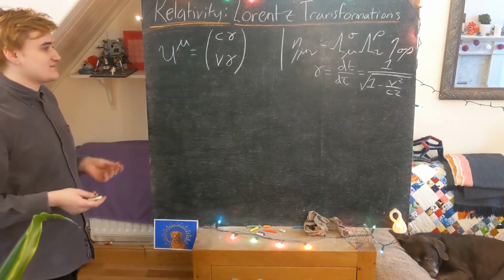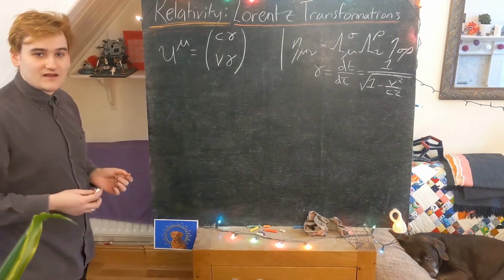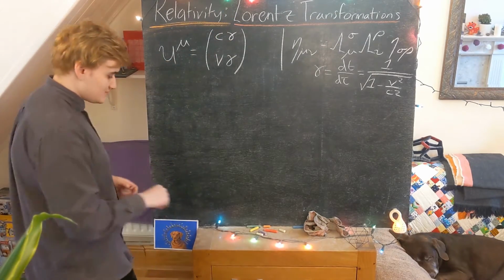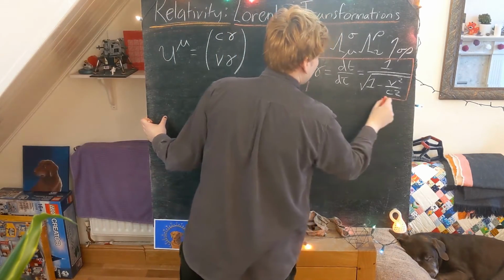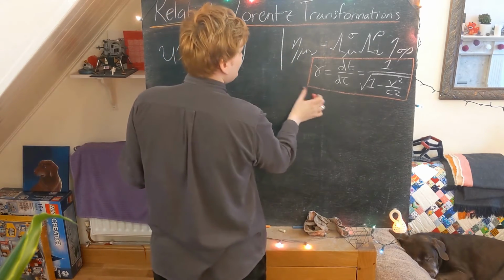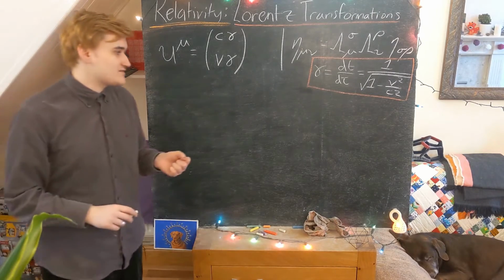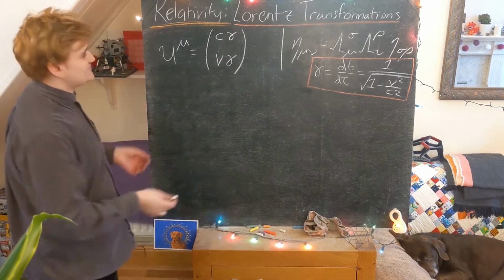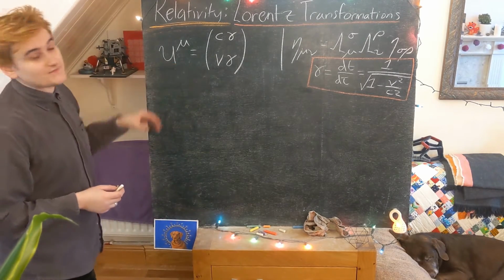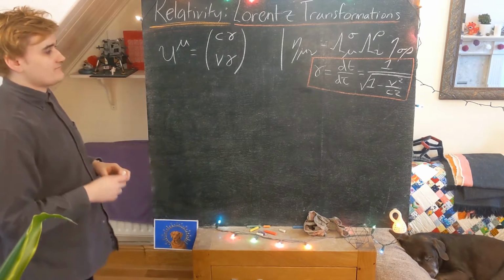But now let's explore this a bit more using the language we've developed for Lorentz transformations. So just keeping the definition of gamma in the back of our minds, because we're going to see more of this shortly. But now let's look at how we would Lorentz transform the four-velocity.